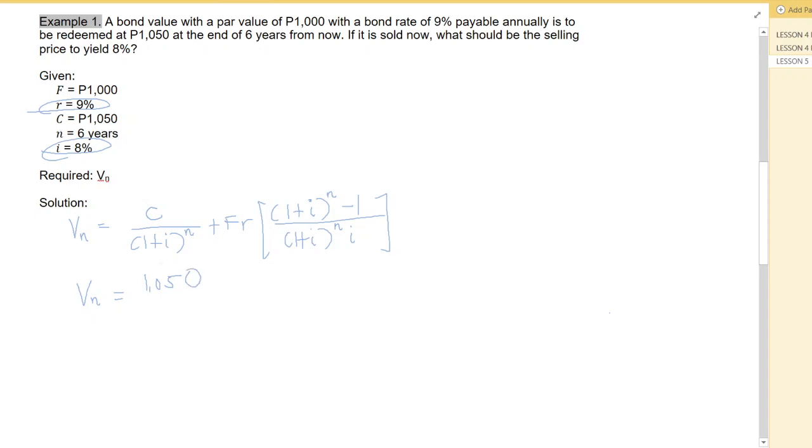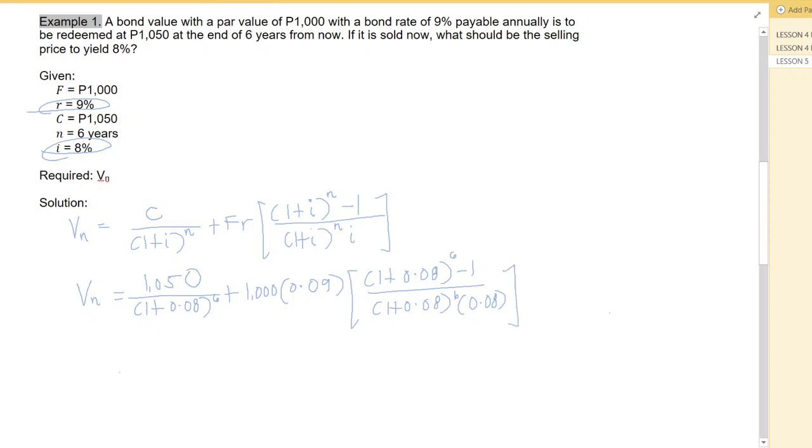Okay, that is the future amount already, and then that is divided by 1 plus the yield interest rate, that is 0.08, and for the years of redemption, we just raise it to 6, and then plus, for the par value or the amount stated on the bond, that is 1000, multiplied by the bond rate, which is 0.09, and then multiply it by 1 plus 0.08 raised to the periods of redemption, minus 1, divided by 1 plus 0.08 raised to 6, and multiplied by 0.08 also.